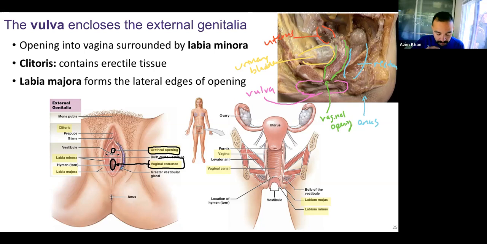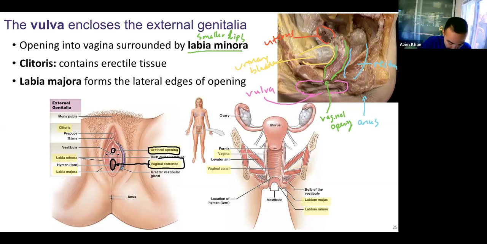The urethra is located right there. What the vulva as a whole does is that since you have openings here, you need to protect them. And so you have skin and hair to protect this area. There are two pairs of folds of skin. The labia minora, the smaller lips, that's literally what it means. They're lips covering the opening.